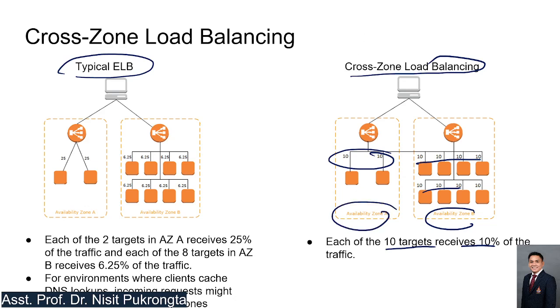With cross-zone load balancing we can use some percentage to segment the load. Two targets in availability zone A receive 25% of the traffic each, and eight targets in availability zone B receive 6.25% of the traffic each. For environments where client cache data lookup, incoming requests might favor one of the availability zones. Right.